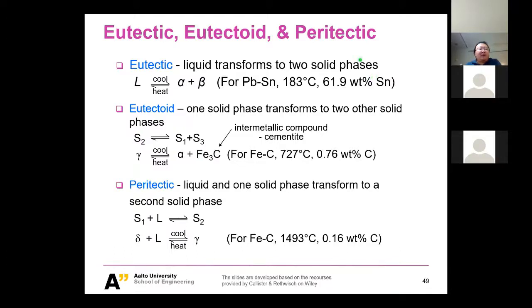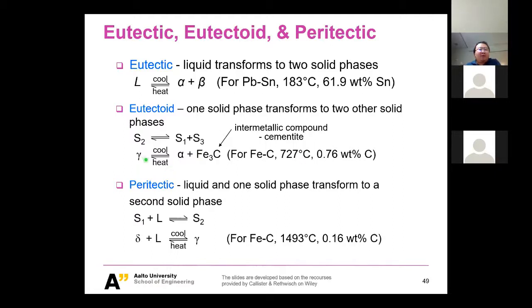So eutectic is something we have already talked about. One very good example is from the lead tin phase diagram, or from the copper silver phase diagram, where you would get such a reaction. And eutectoid is a very common reaction that you will use in the future, and we will use that a lot in the next phase diagram I'm going to introduce, which is the iron and carbon phase diagram.